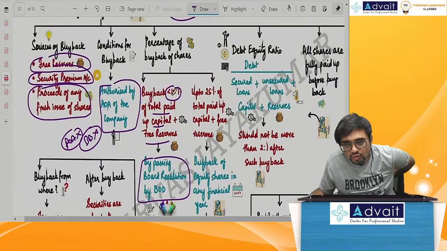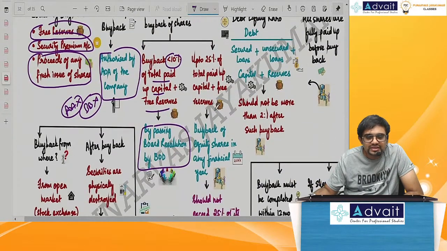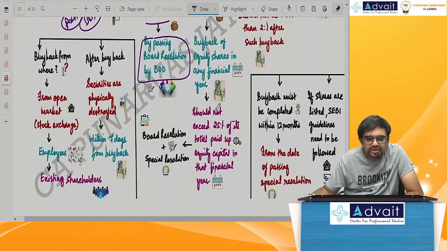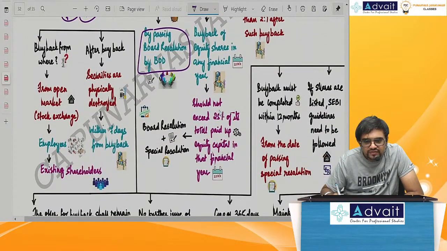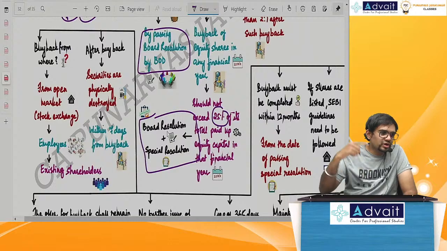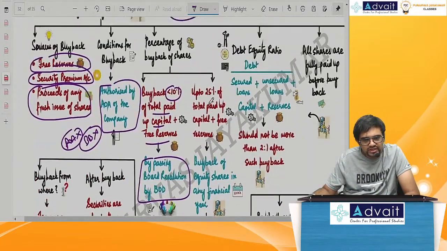But if buyback is more than 10%, but up to 25% of the total paid up share capital and free reserves, then buyback can happen in every financial year. Maximum should not exceed 25% of the paid up share capital. What resolution is needed? Up to 10%, board resolution. Beyond 10%, board resolution plus special resolution is what is needed.